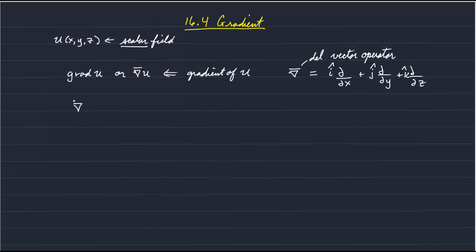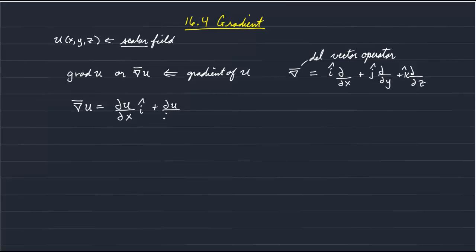So when we write del u, we're applying that operator to the scalar field. So we take the partial derivative of u with respect to x, and that gives the component of the gradient in the i hat direction.